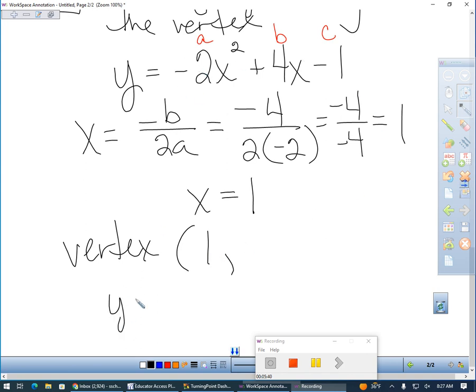So we have y equals negative 2 times 1 squared plus 4 times 1 minus 1. So here, 1 squared is 1 times negative 2 is negative 2. 4 times 1 is 4. So negative 2 plus 4 is 2. Minus 1 is 1. So we have a vertex at 1, 1.